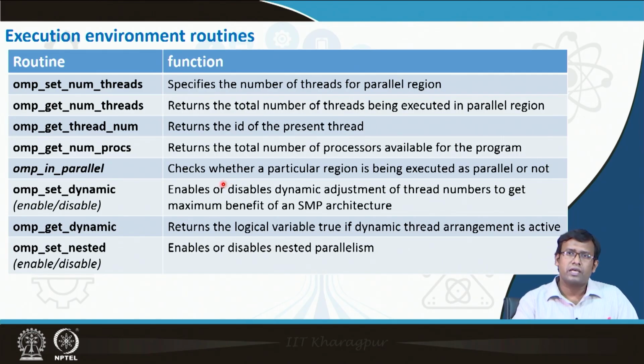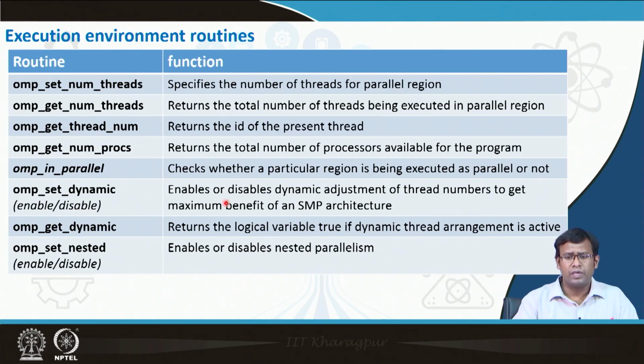Consider that we are working with a large code with 10,000s of lines, and the execution is lengthy, taking days. To see whether one particular instance is being executed in parallel mode by multiple threads or only by the master thread, it is not always possible to go into the program and find it out at that instant. So this function OMP in parallel can return you that.